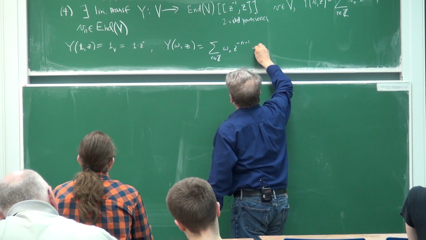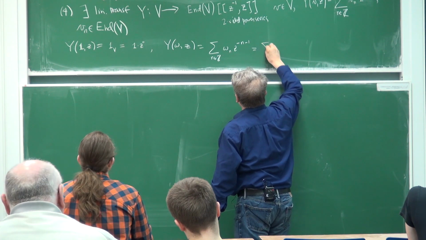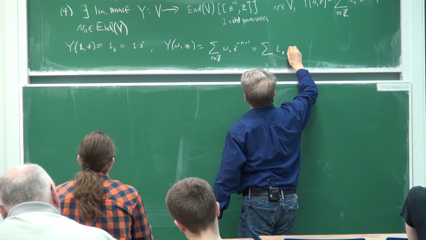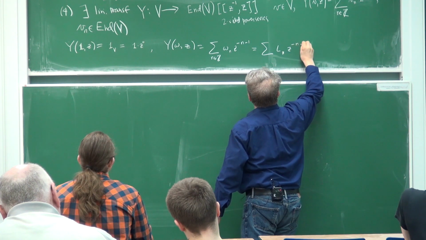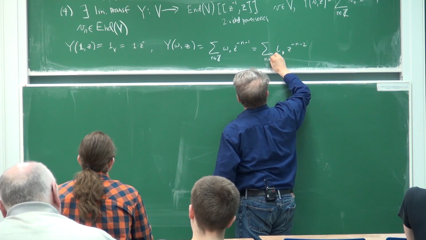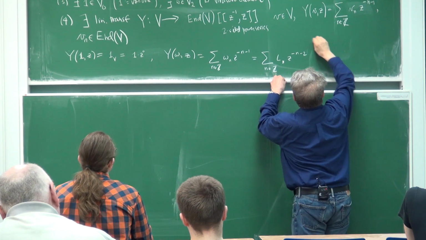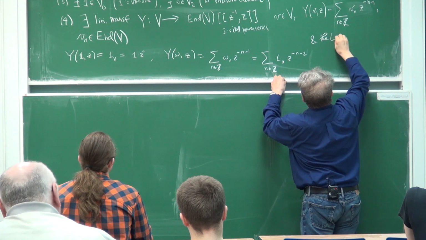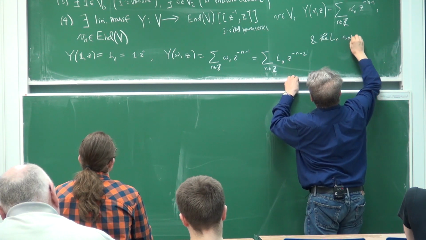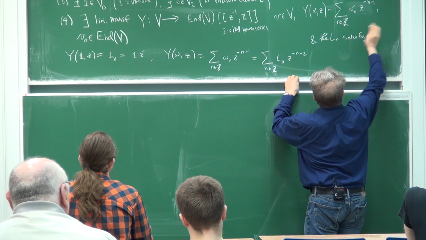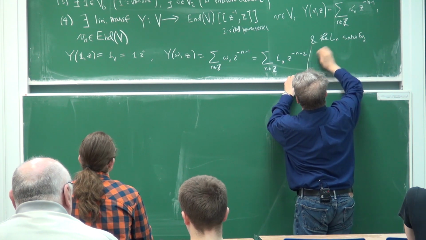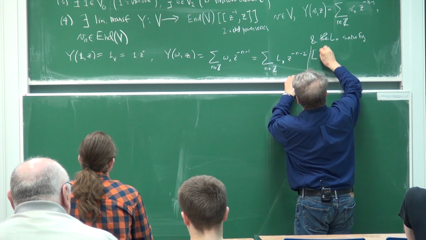And now I shift the indexing, and the L_n satisfy the Virasoro commutator relations, which look like this.